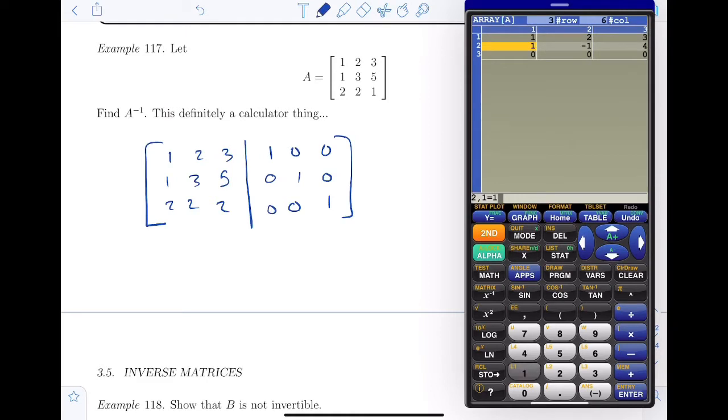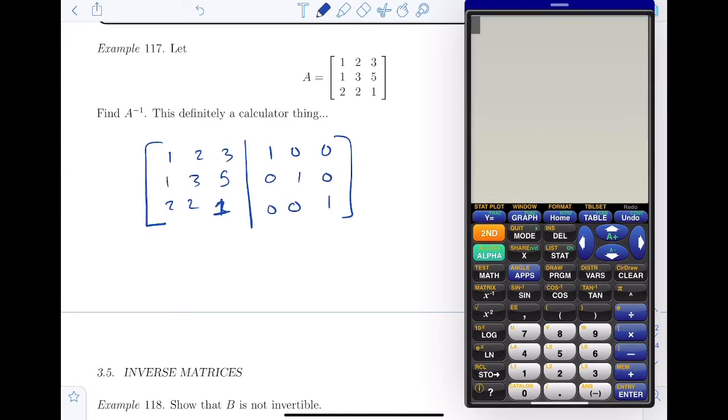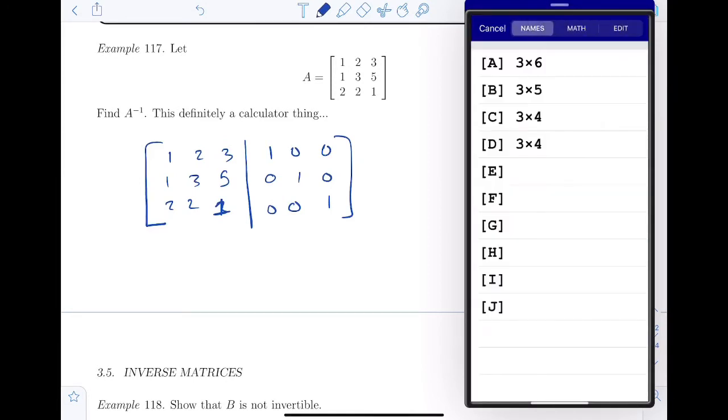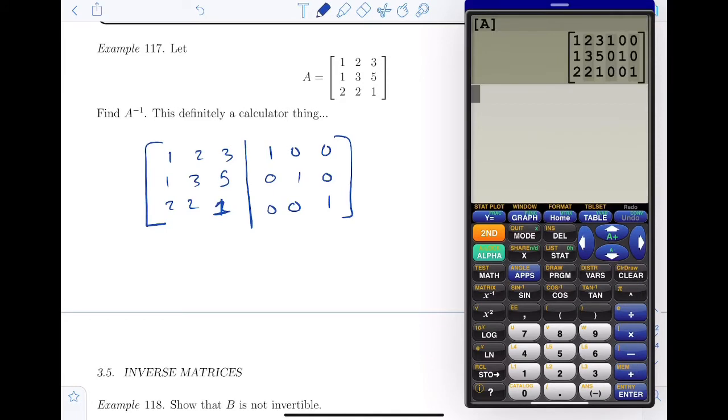Second row, I have 1, 3, 5, 0, 1, 0, and then 2, 2, 1, 0, 0, 1. I just saw there's supposed to be a 1 over here. Now let's take a look at that matrix I just typed in to make sure it's the right thing. 1, 2, 3, 1, 0, 0, 1, 3, 5, 0, 1, 0, 2, 2, 1, 0, 0, 1.